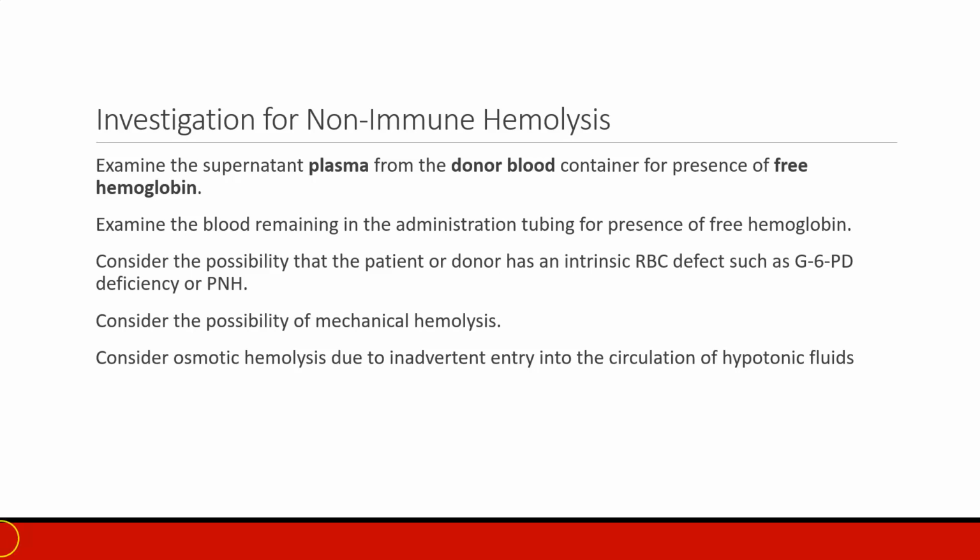Consider osmotic hemolysis due to inadvertent entry into the circulation of hypotonic fluids, and this is hypotonic IV fluids. Although they do, when they're doing a transurethral resection of the prostate, they irrigate with water, and if there are vessels that are open, the water may inadvertently enter their circulatory system. Very, very rare.